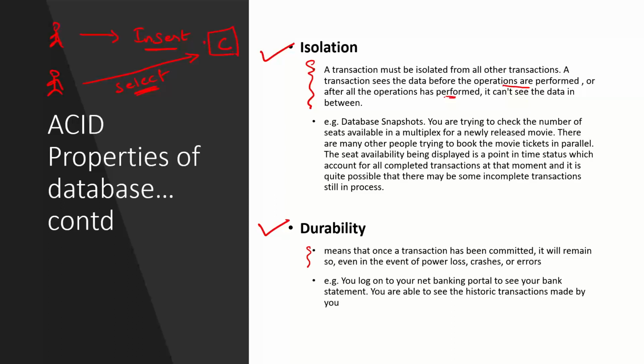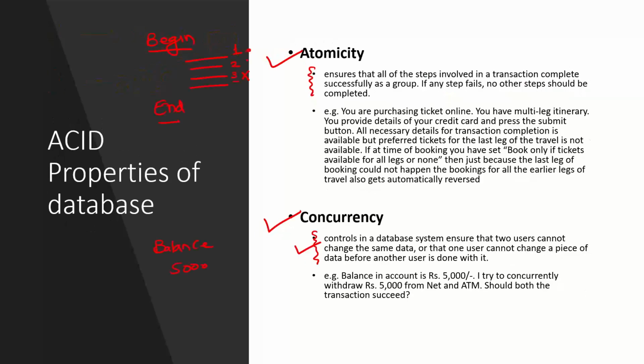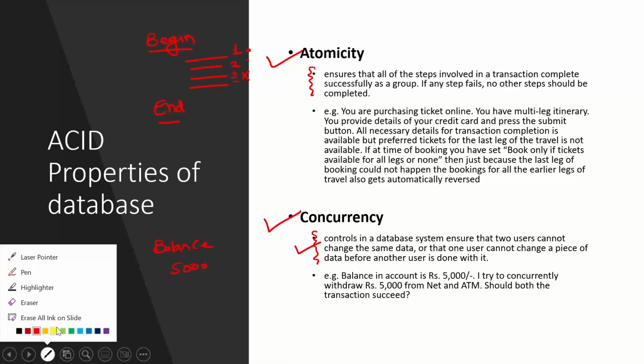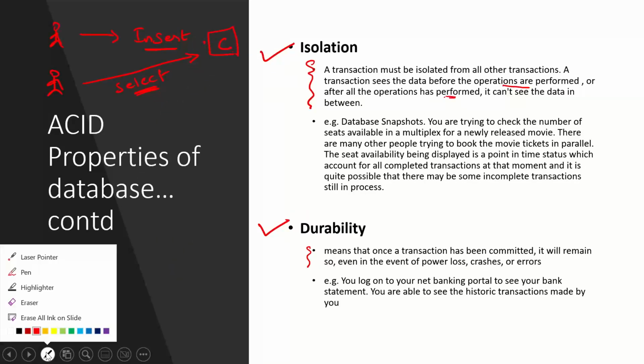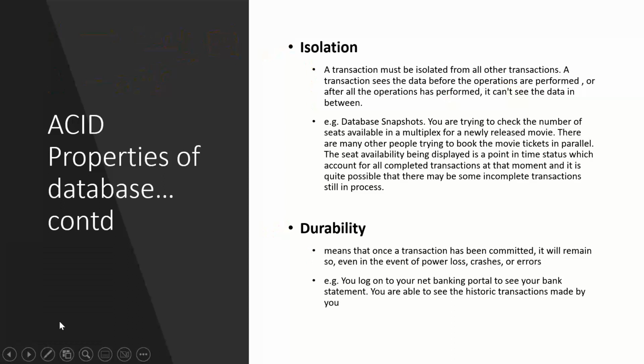This is called durability. All databases provide you these features. ACID properties are available by default in all databases. We as users of the database should not be bothered, because by default it is all enabled.